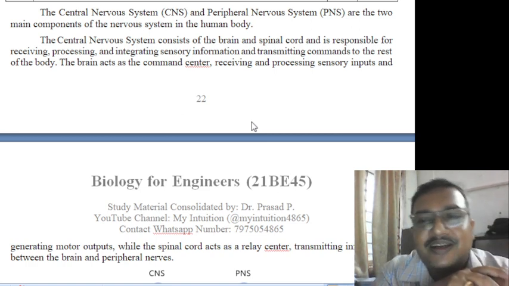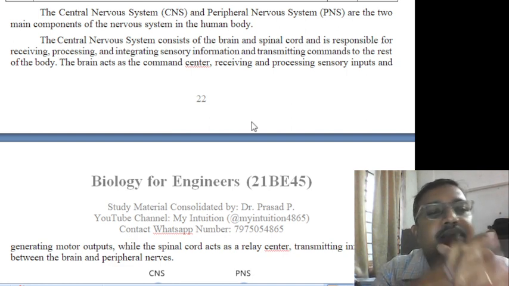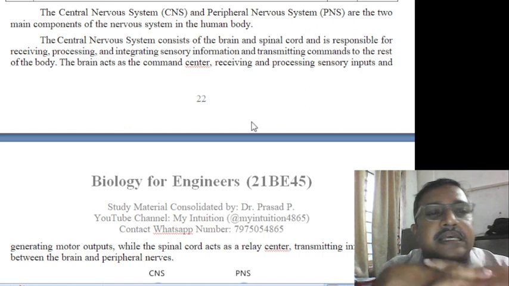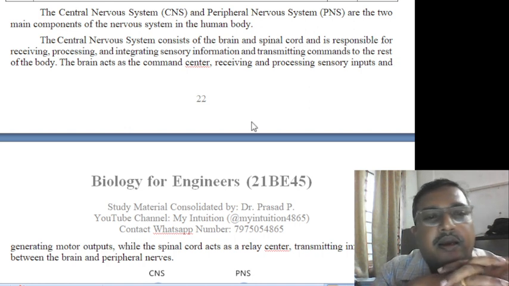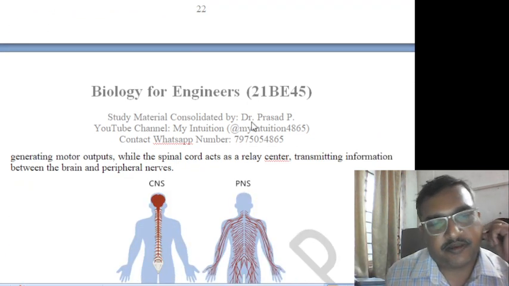So the spinal cord and the brain consist of the central nervous system, and the remaining nervous system is called the peripheral nervous system.